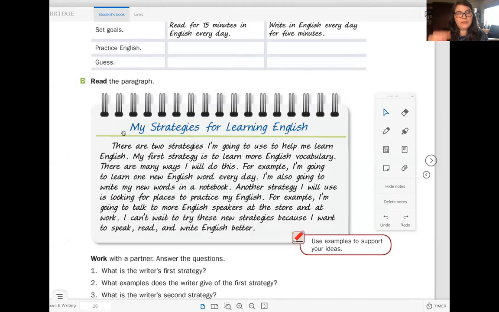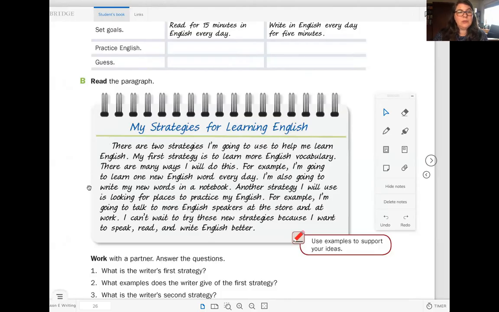My strategies for learning English. There are two strategies I'm going to use to help me learn English. My first strategy is to learn more English vocabulary. There are many ways I will do this. For example, I'm going to learn one new English word every day.